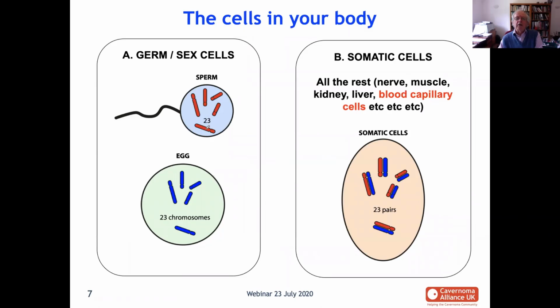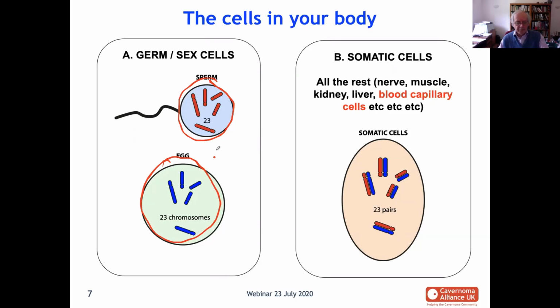You have sperm or egg, depending on your gender, and the sperm has got 23 chromosomes. The egg has 23 chromosomes, but only single ones. Only when you get an embryo do you get the situation where the cell has got the pairs of chromosomes.